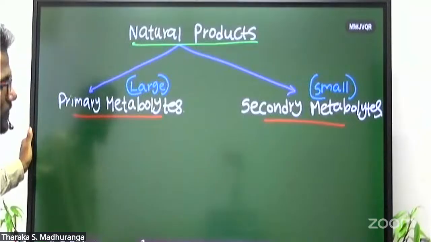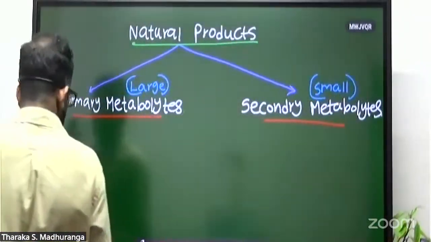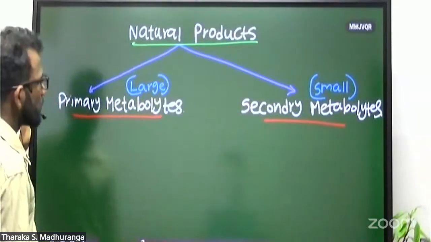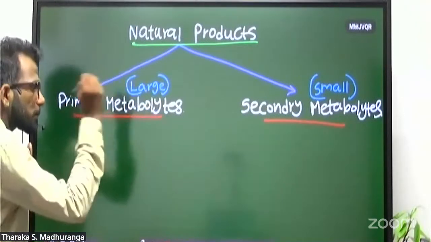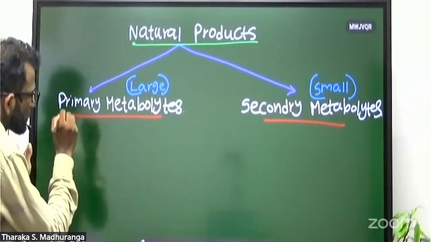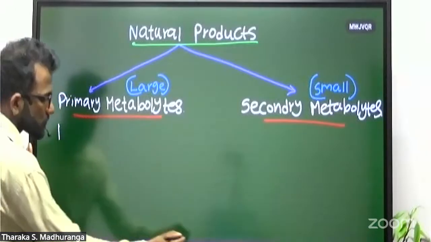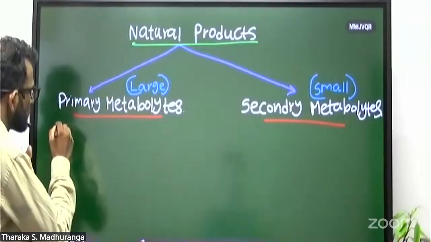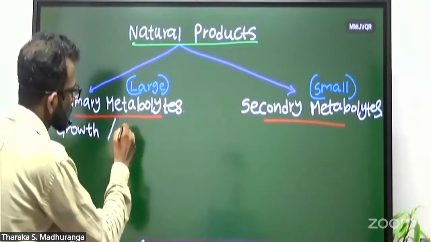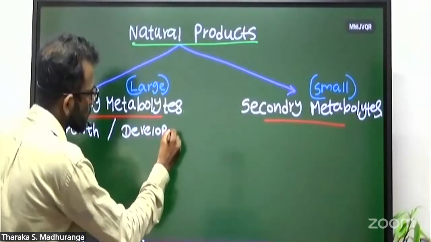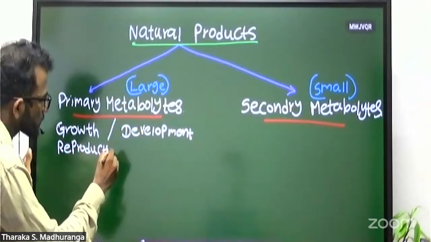Okay, then how do we define the primary metabolites? This is a very important point. Primary metabolites are produced in large quantities, and they are involved in the organism's growth, development, reproduction and survival.